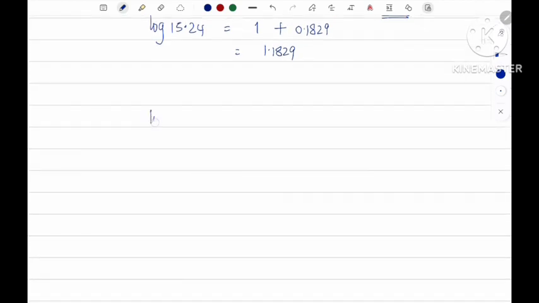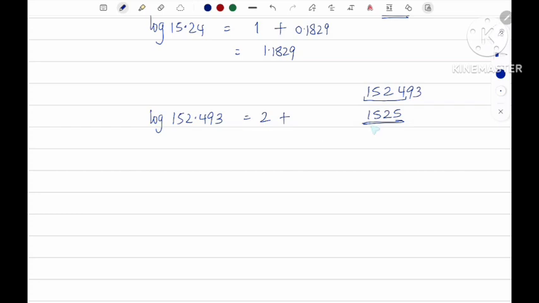Let us find out log of 152.493. So what is the characteristic? Characteristic is 1, 2, 3, 3 digits minus 1, which is 2. 2 plus mantissa of 152.493. So we will convert these digits into 4 digits first. So up to here we will take, we will round it off. It will become 1525.